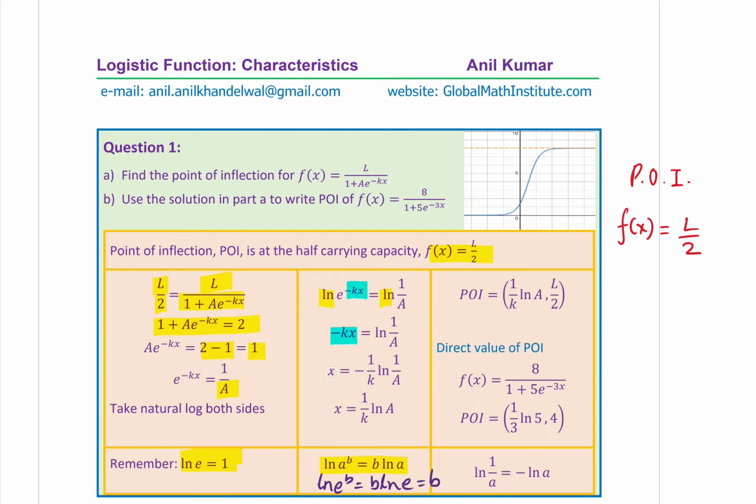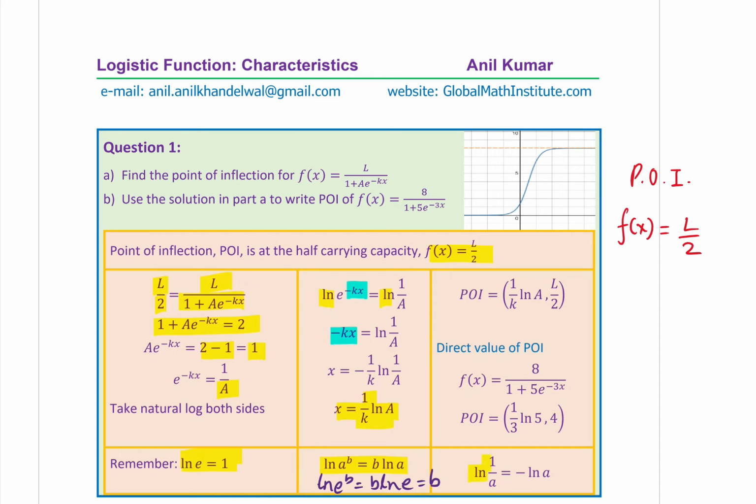Now, minus kx is equal to ln 1 over a, so x is equal to minus 1 over k, ln 1 over a. We can now apply the power rule once again and write it as 1 over k ln of 1 over a to the power of minus 1, or we can write the formula x equals 1 over k ln a, right?